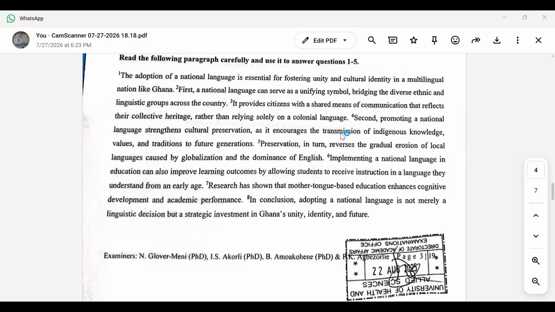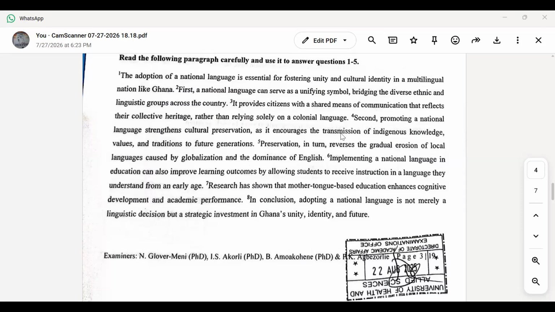Then sentences 2, 4, and 6 are the major supporting sentences, because they support the topic sentence.